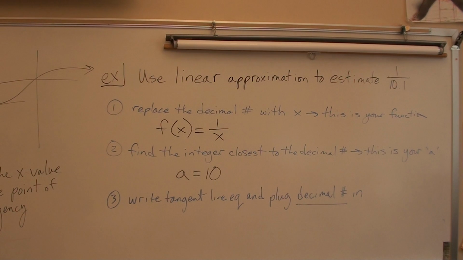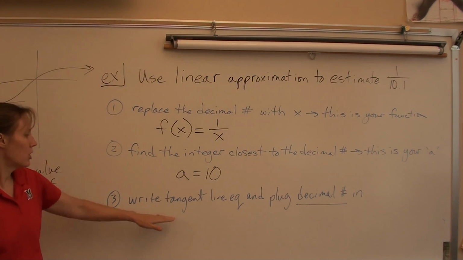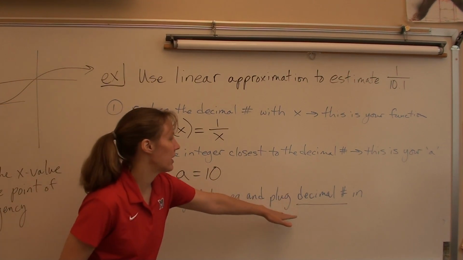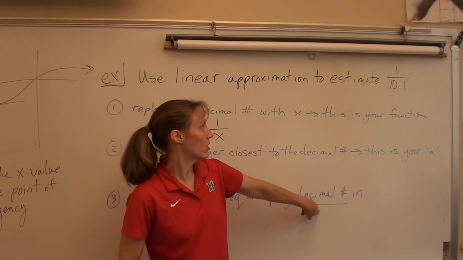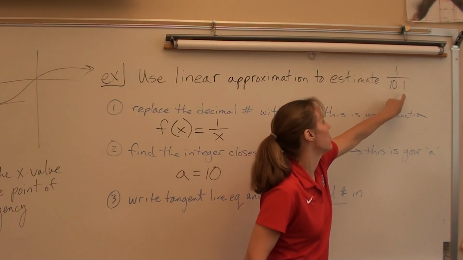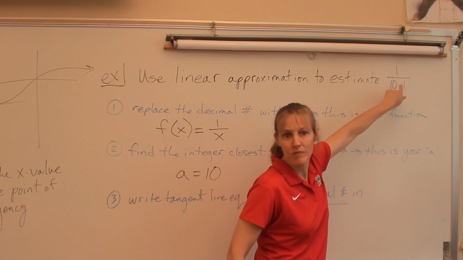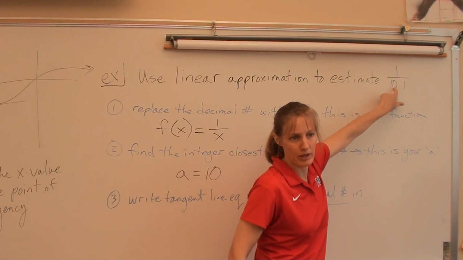Then, the third step is to do the problem. You write the equation of the tangent line, and then what number do you plug in? Just the decimal number. So you only plug in the 10.1. That's the x value you plug in, not the 1 over, just the decimal number, the 10.1.